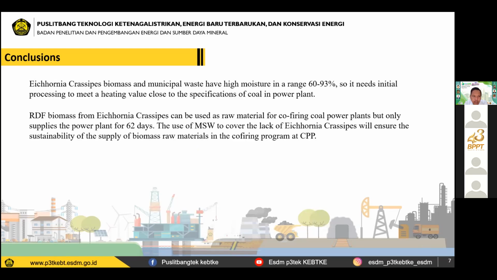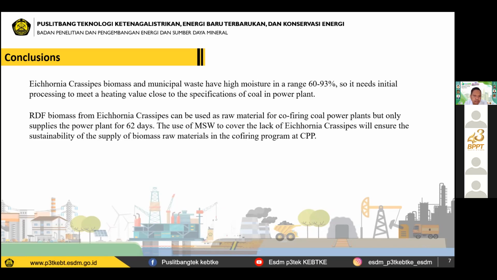So we come to the conclusion that Eichhornia crassipes biomass and municipal waste have high moisture, so they need initial processing to meet the calorific value of the coal in use in power plants.